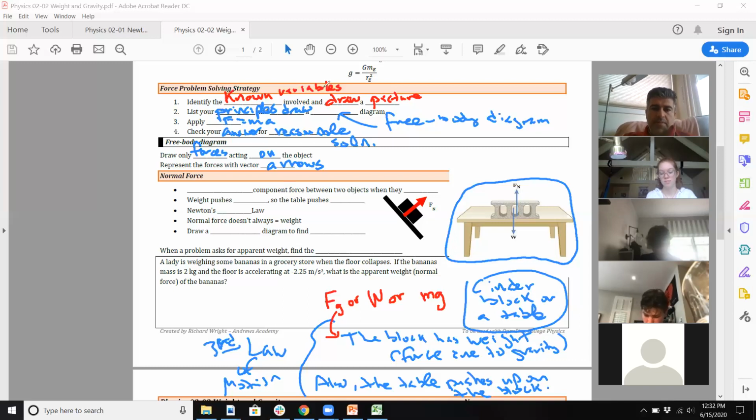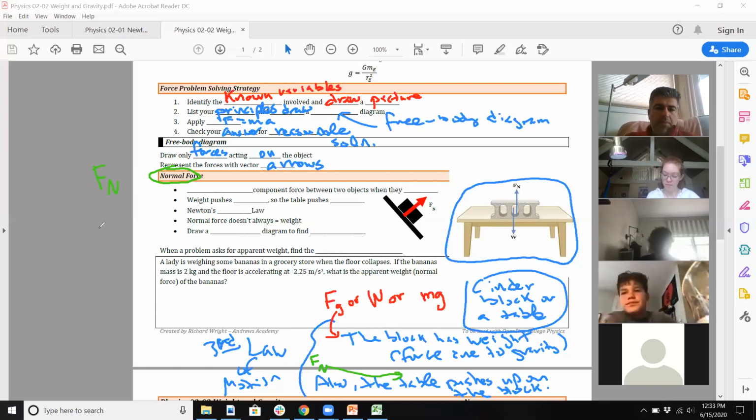This right here, the table pushing up on the block, is called Fn. The N stands for normal. Now be careful with the word normal. It doesn't mean things are regular, like normal behavior, or what is the new normal?